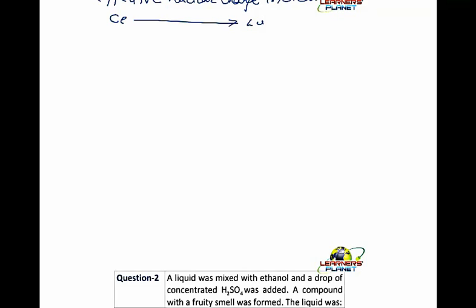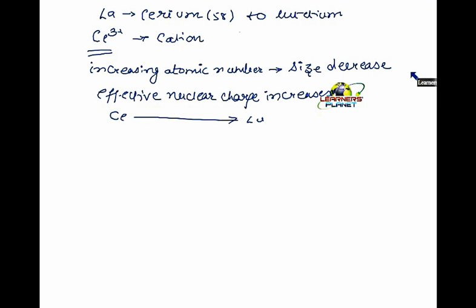Every time an electron is added, the size decreases. Why? First, the effective nuclear charge is increasing. Secondly, the d and f orbitals are very big in size, so there is poor screening or shielding effect.